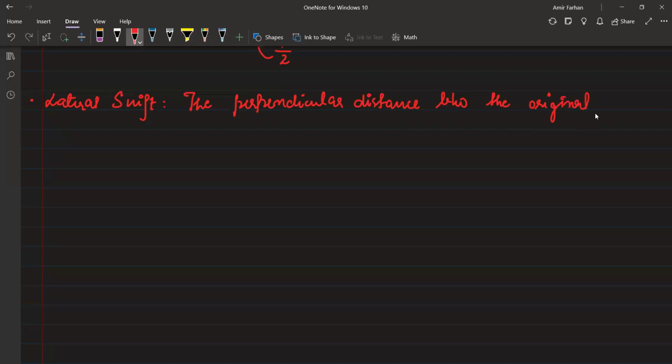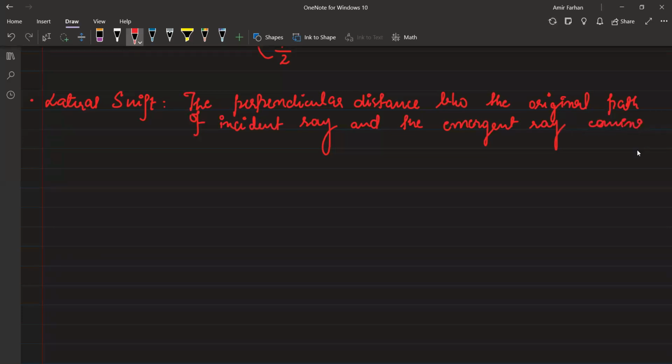Original path of incident ray and the emergent ray coming out of the glass slab.